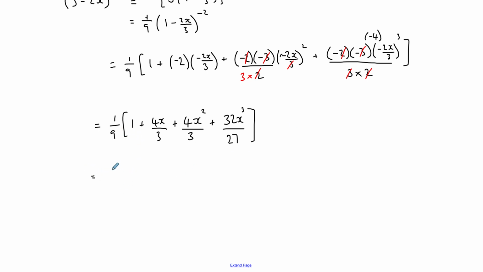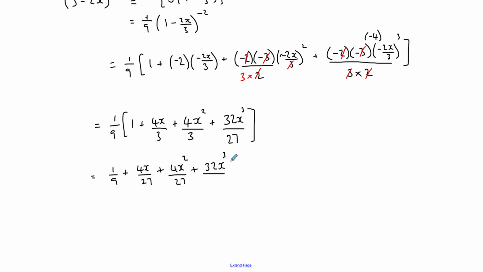Now we can bring the 9th in. And 32 doesn't have any factors of 3, so I'm just going to need to times 27 by 9, which is 243.